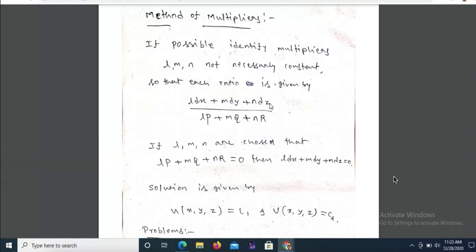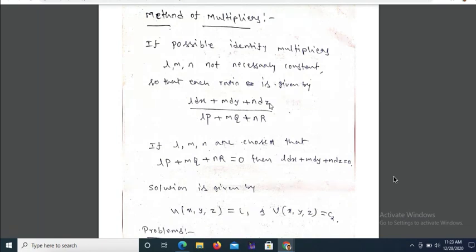So come to the next one, the method of multipliers. Here, in such cases, we are going to choose some multipliers with which we can get integration easily, or we can separate the variables easily. Those multipliers you are able to choose. Means what? You have the authority, or independence, to choose any type of multipliers.